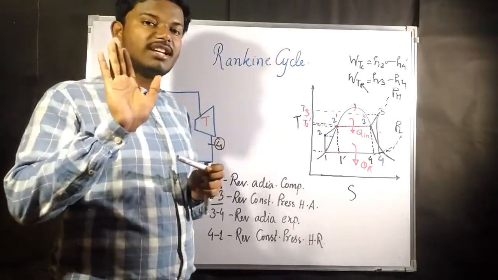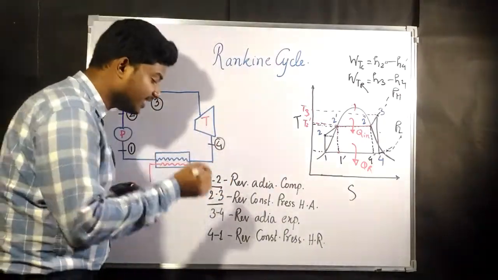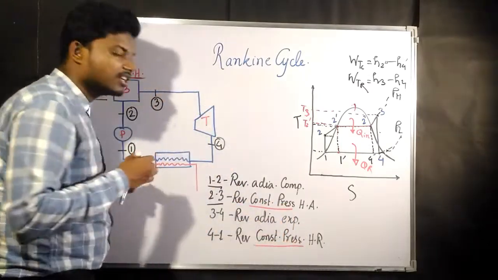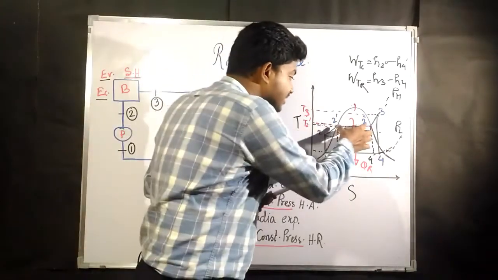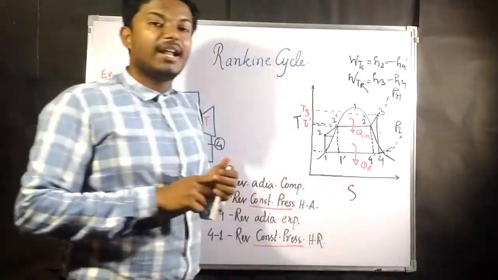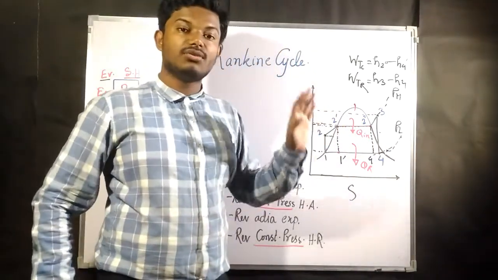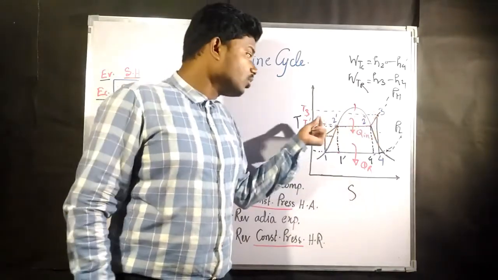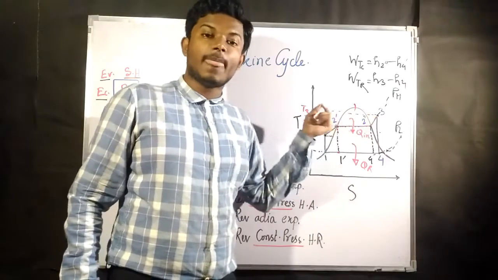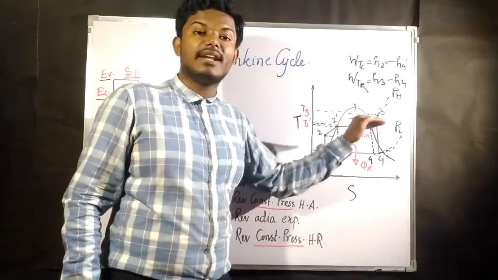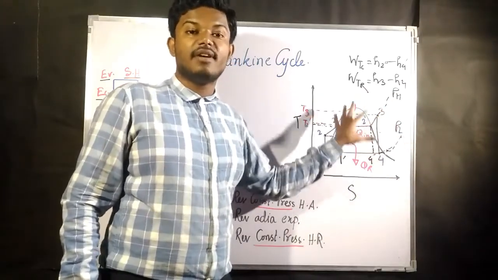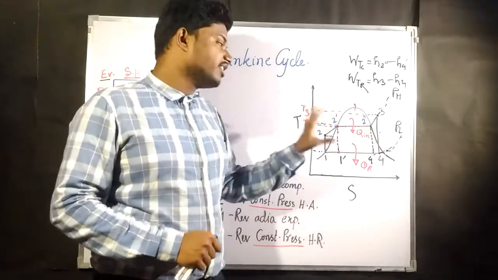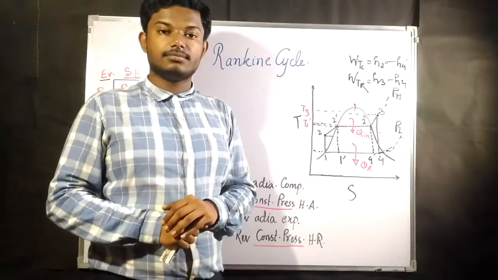Whereas in the Rankine cycle, heat addition is at constant pressure and rejection is also at constant pressure. But this part is always parallel to the entropy axis. Why? Because inside the vapor dome the constant pressure line is also parallel to the entropy axis, because the temperature is always constant inside the vapor dome while the phase change process is taking place. Okay, so this is the difference between Carnot and Rankine.